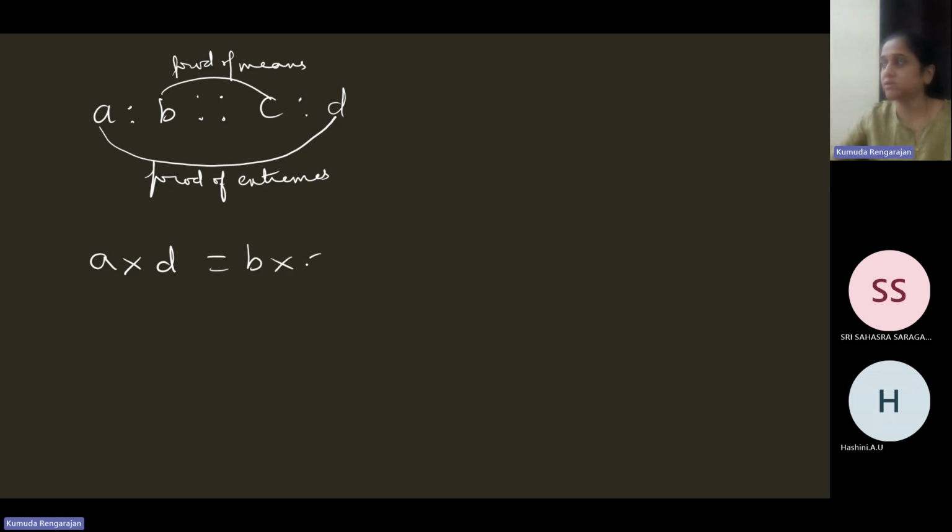B into C is the product of means. A, B, C, and D are four different quantities. A and D are the extreme quantities. B and C are the mean quantities. The product of means, B into C, is equal to the product of extremes, A into D.